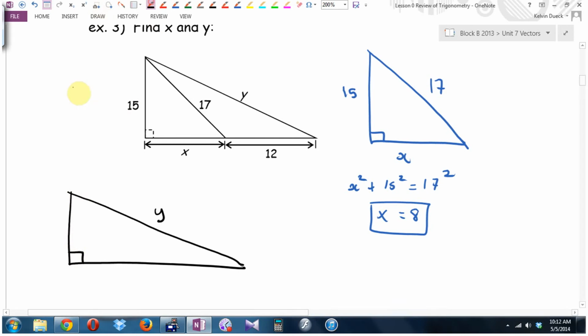Yep. And then here's the clever part. How far from here to here? From here to here is what? And what did we just find? X, but what did we just say x was? So, how far along the bottom? 20. Okay.